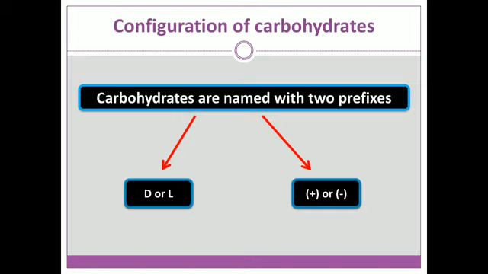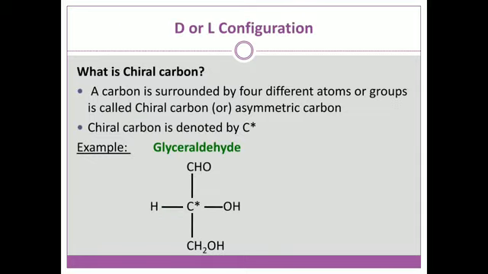One is D or L and the other one is plus or minus. First we see the D and L configuration of carbohydrates. Before we enter this, we must know what is chiral carbon. Almost all carbohydrates are optically active because they have one or more chiral atoms.